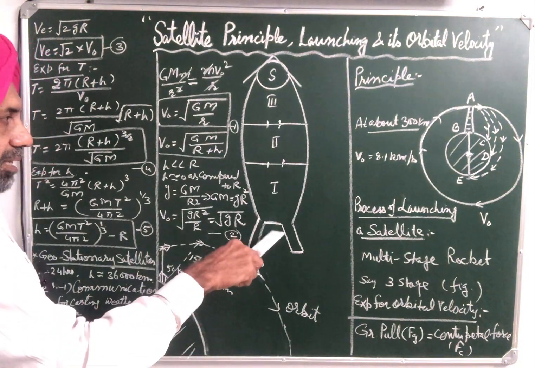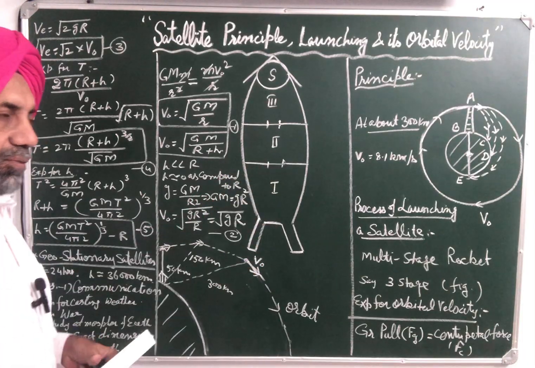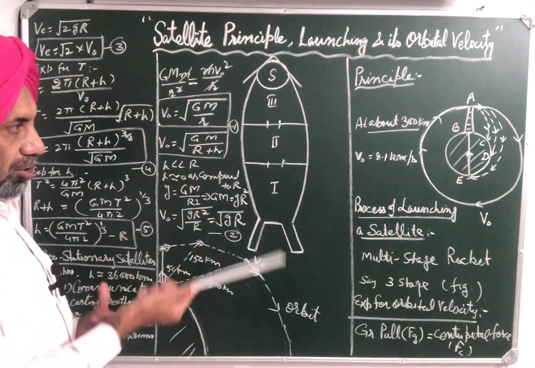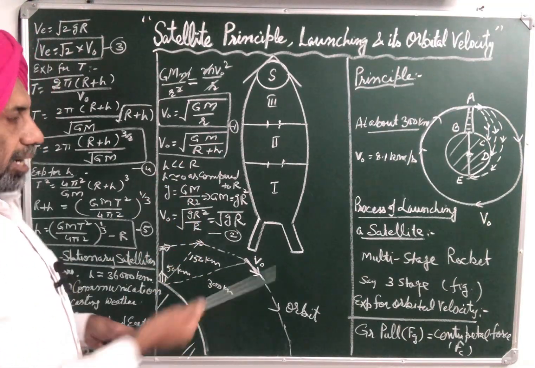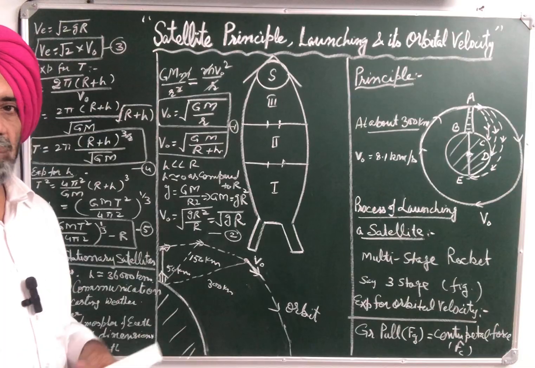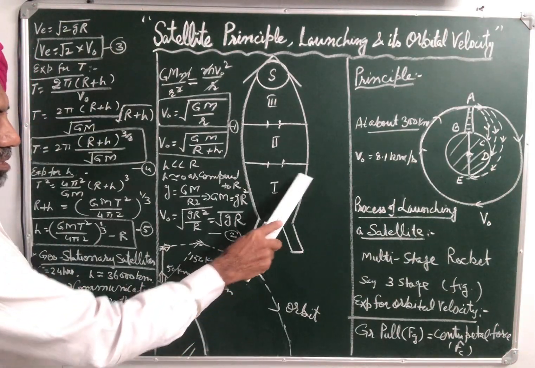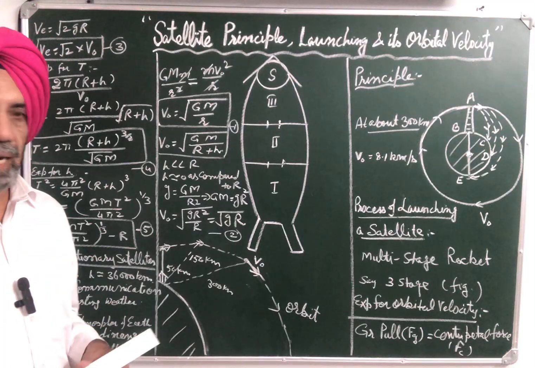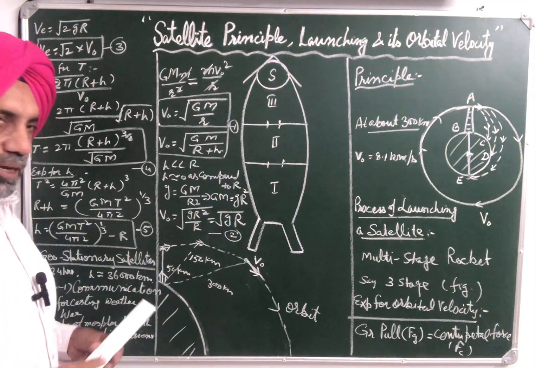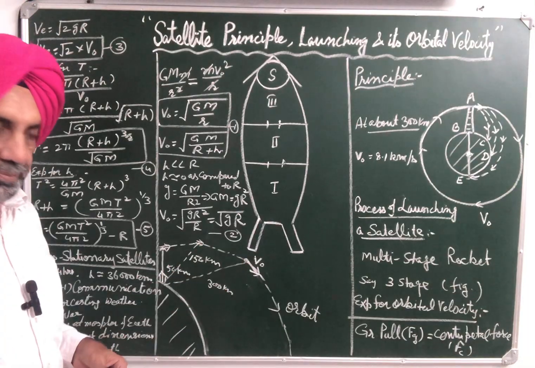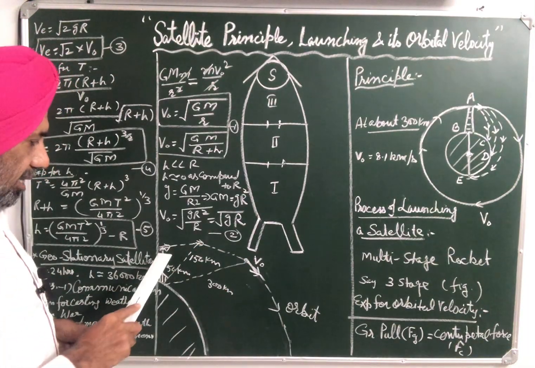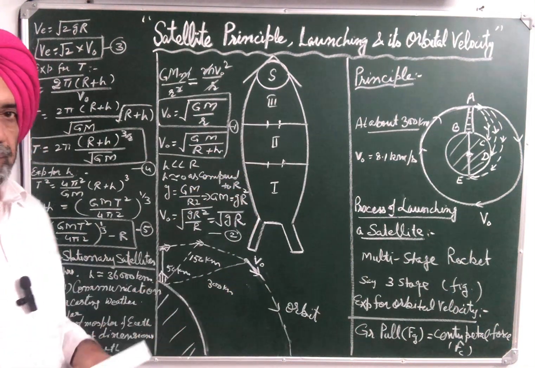This first stage takes the satellite to a height of 50 km. It is quite big because it has to take the whole rocket along with the satellite through a dense atmosphere. The first stage takes the satellite and the rocket to a height of about 50 km, then it burns off. At this point, the satellite and rocket are tilted a little by remote control from the ground.